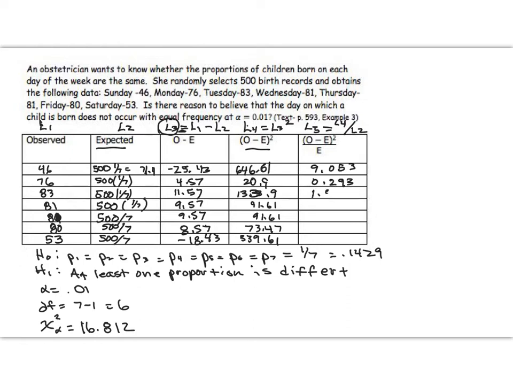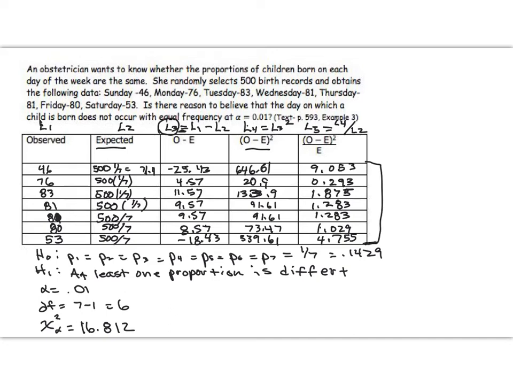Because you'll see that our test statistic is the sum of all these numbers. And then the last one is 4.755.